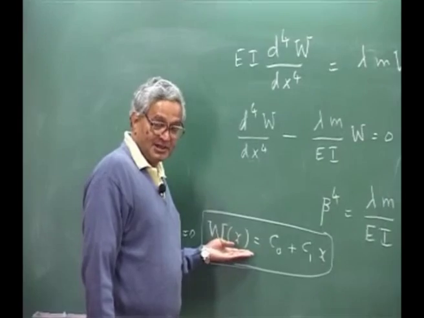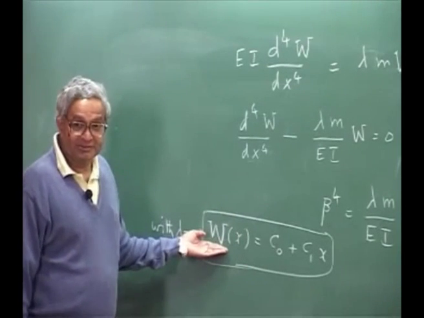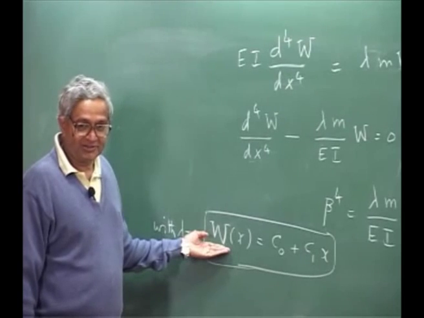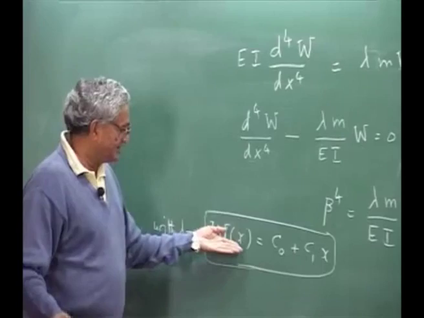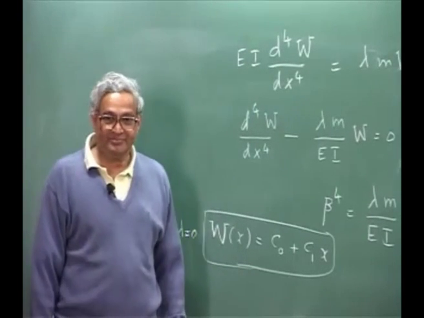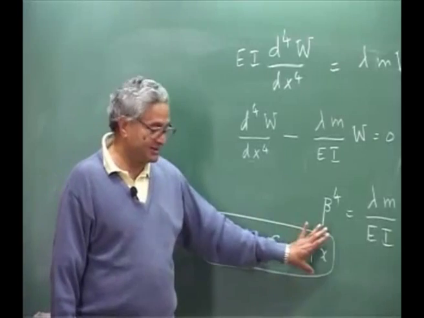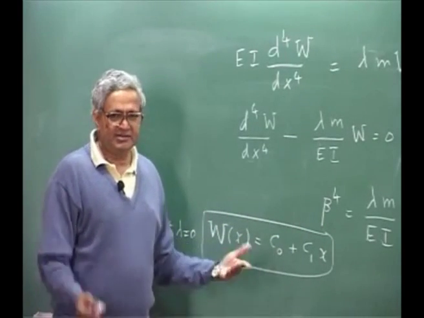If you see, the boundary conditions are second derivative and third derivative. Anyway, the second derivative is 0. The third derivative, with lambda also 0, is 0. This will satisfy the equation as well as the boundary conditions. That means in this particular shape, one is C0, which is a constant.